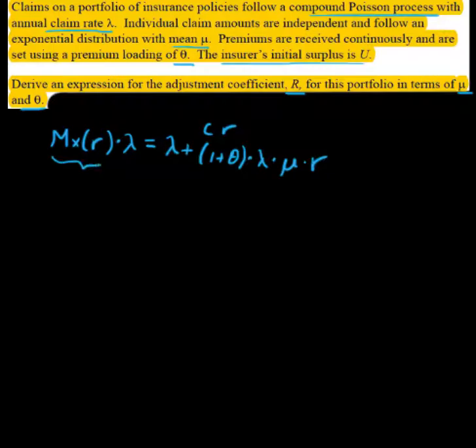Now this bit over here is probably the hardest bit, just finding out exactly what this is. This is the moment generating function of the claim amounts with R over here. And what we know is that the moment generating function of t for an exponential distribution is equal to 1 minus t over lambda, where lambda is the parameter in the exponential distribution, to the power of -1.